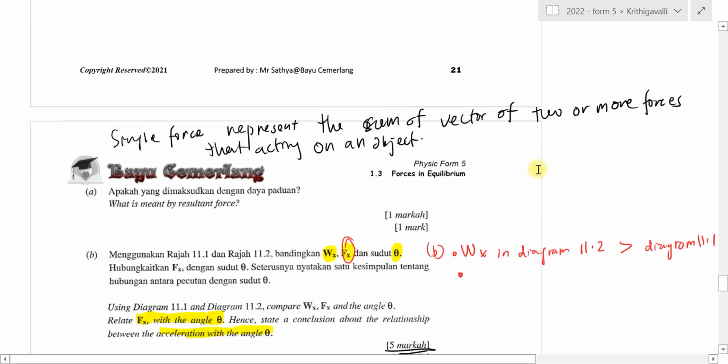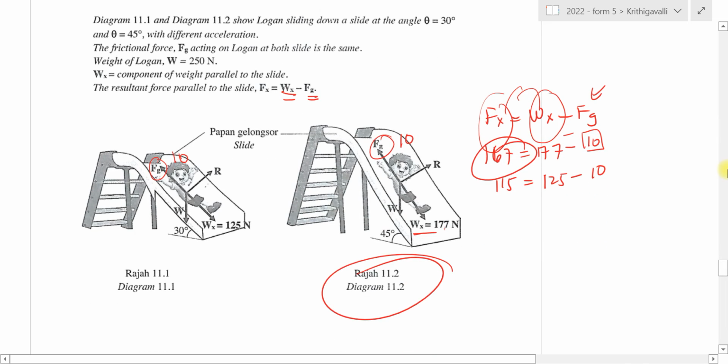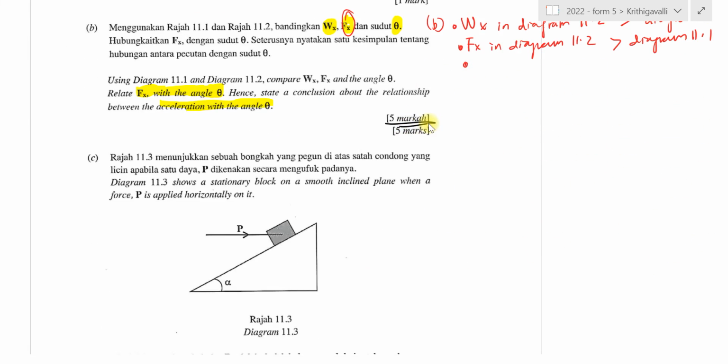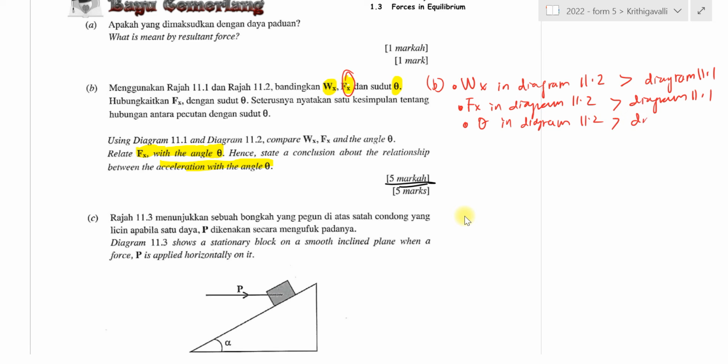Okay, so Fx in diagram 11.2 greater than diagram 11.1. Okay, and then theta kita tengok pun boleh tahu 45 degree is greater than the 30 degree lah. So theta in diagram 11.2 greater than diagram 11.1.